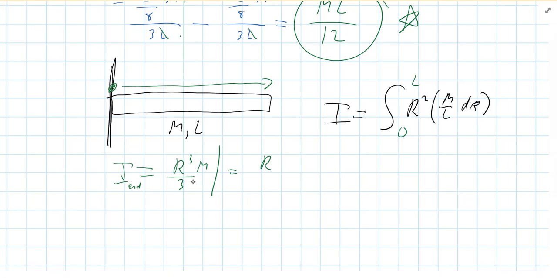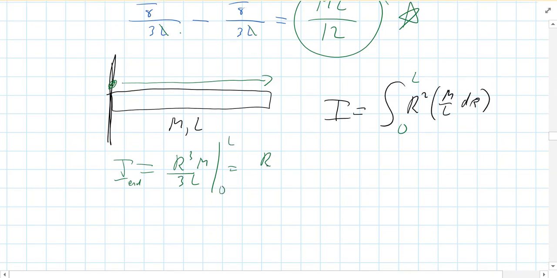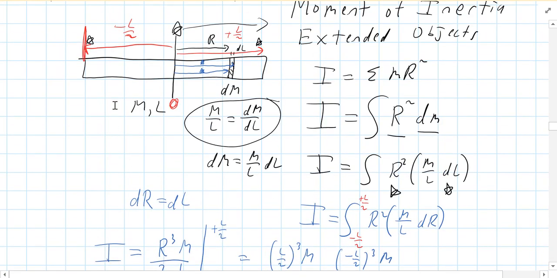All right, that's an L. So you evaluate this from 0 to L. So you end up with L cubed times m over 3L. And one of the L's drops out, and you get mL squared over 3, or you can write that as 1/3 mL squared. Now notice that's 4 times bigger than our first moment of inertia, meaning the meter stick is 4 times harder to spin about its very end versus spinning it about its center.